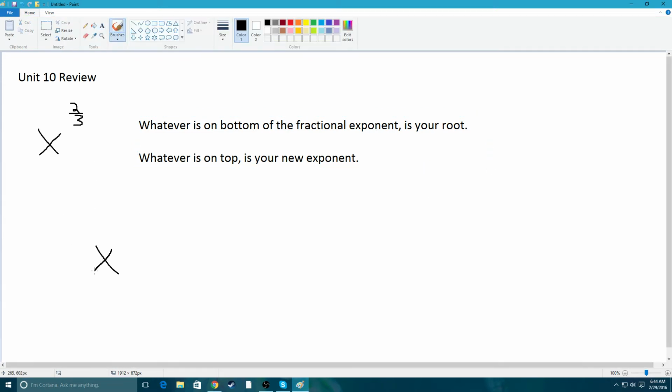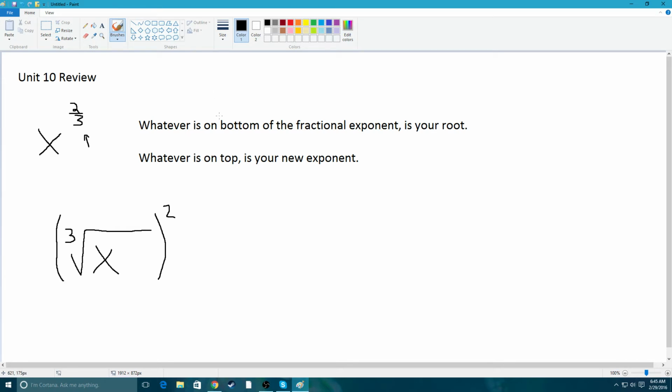Since we're dealing with x, we're going to take the cube root of x, because 3 is at the bottom. And when we're done with that, we are going to square it. That's the first part of your review. You just have to know that.